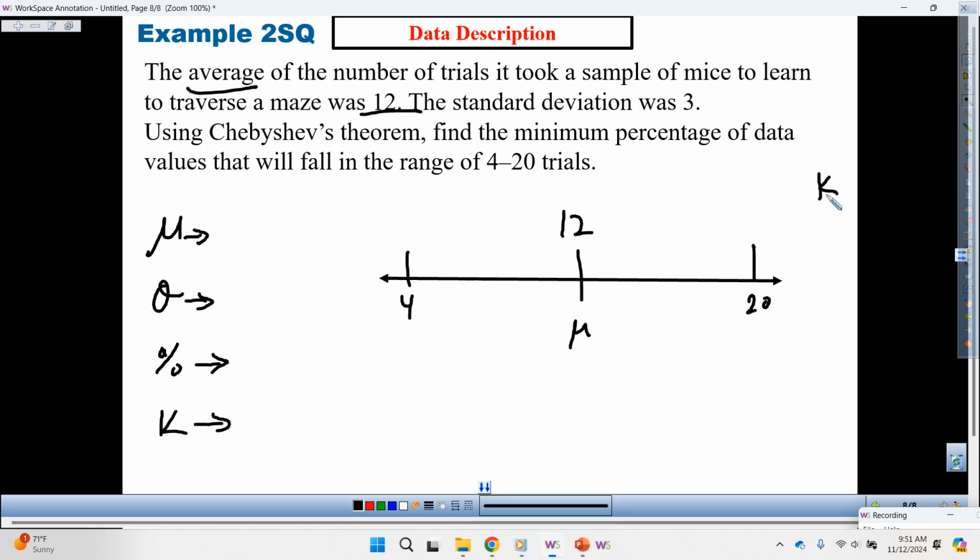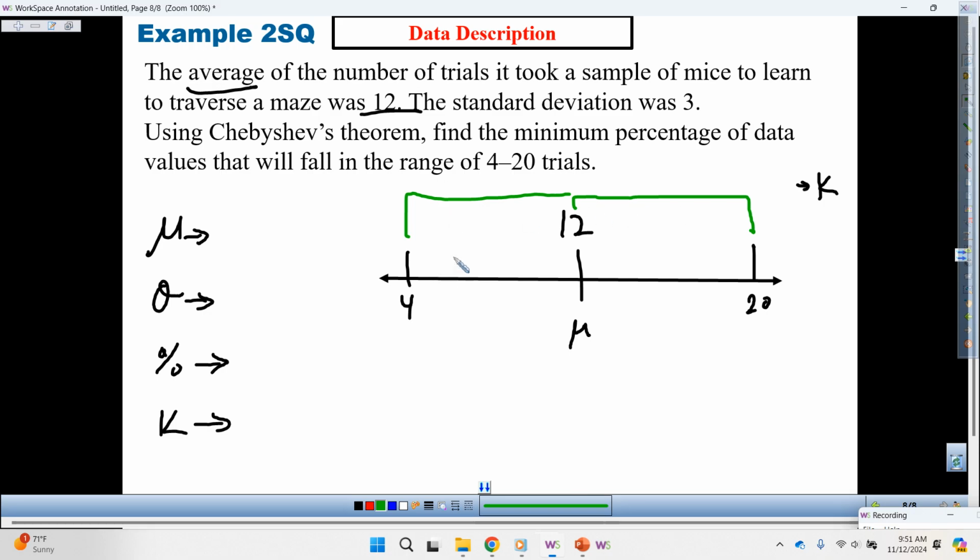So remind your neighbor how to find K. How do we find K? Using that data. Then Darian's going to enlighten us. How do we find K? We're given the mean. We're given these. The distance from here to here and here to here.